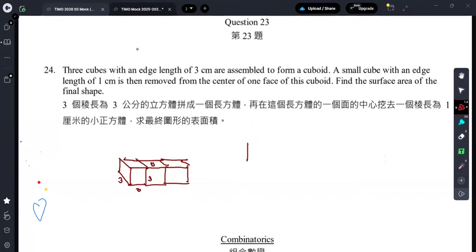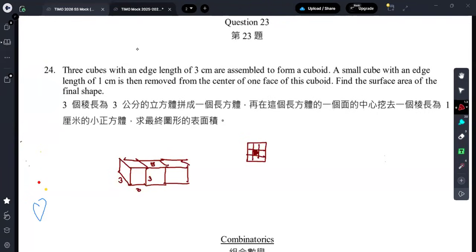If we look at the top side, then you will have a 1 around. You get this part here. Then what will you do? The question is to find the surface area. If we find the surface area of this, we will subtract just the one part of that.